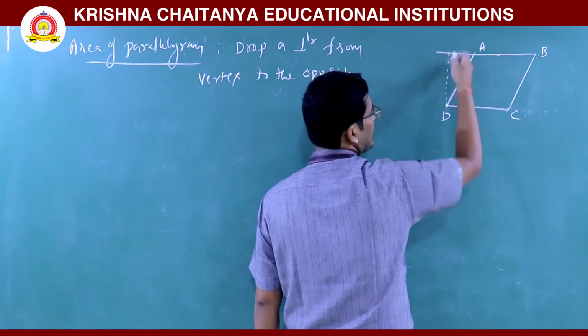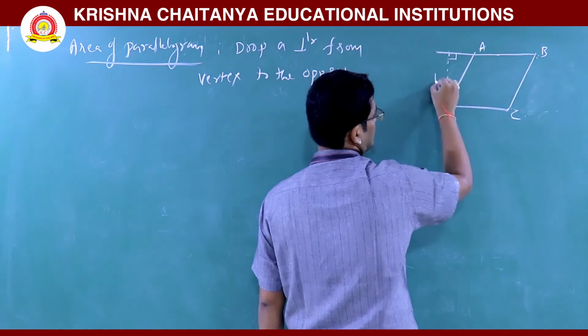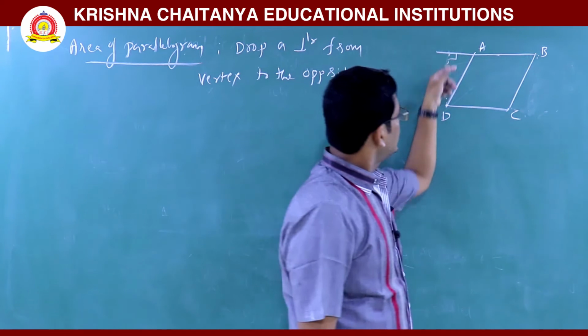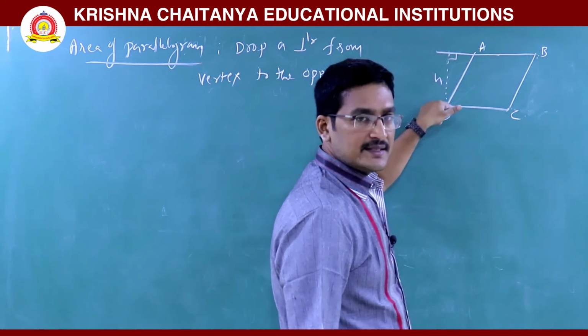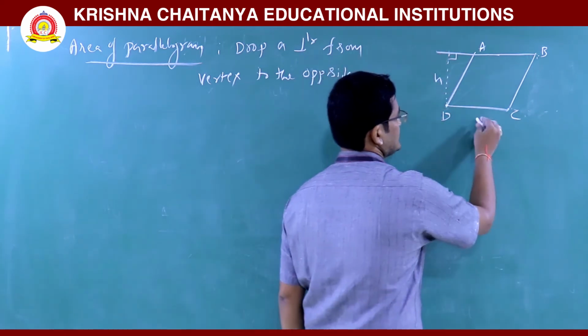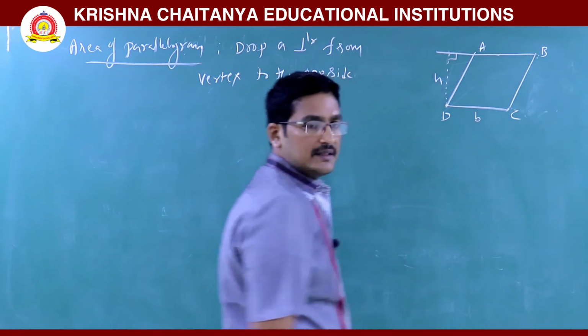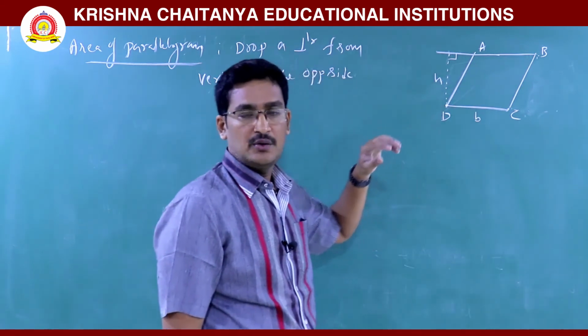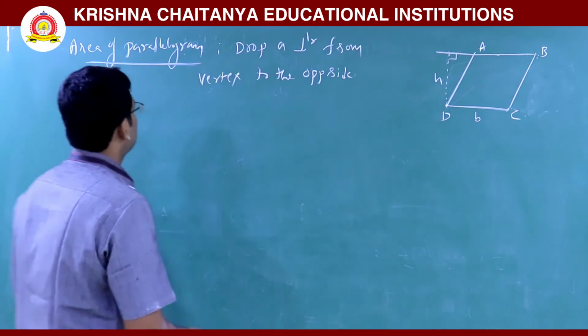I am taking this as the height of the parallelogram, denoted by H. That is the distance between these two parallel lines. This is the base. Suppose I am taking it as B. Then the area of the parallelogram is BH, base into height. So simple.